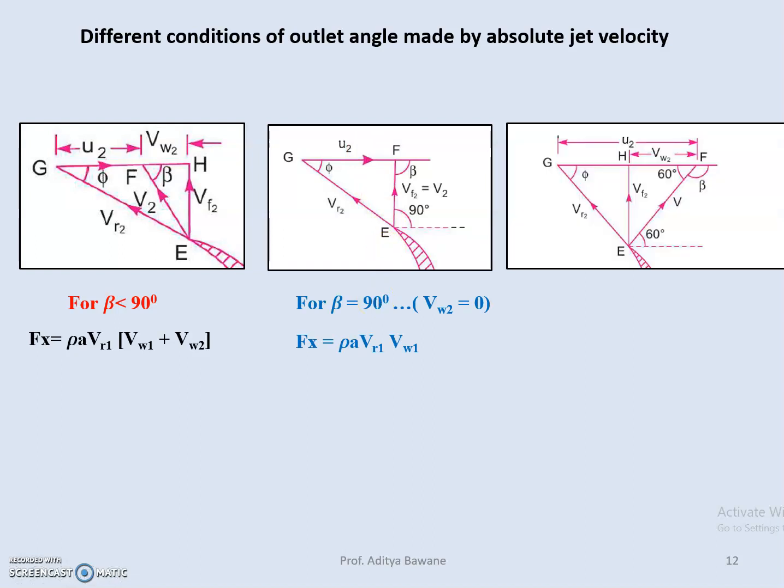And in the third case, when beta is greater than 90 degree, VW2 becomes positive as V at outlet is along the direction of the jet. So initial velocity minus final velocity, that is VW1 minus VW2. So these are the real velocity or x direction velocity components which are effective in moving the jet along the x-axis.